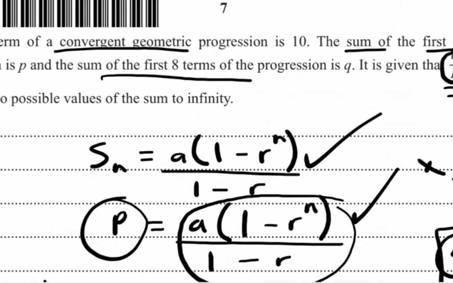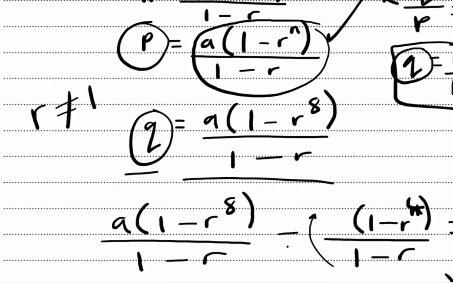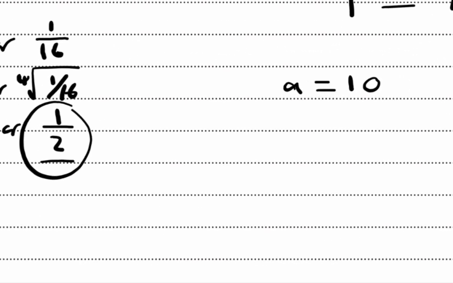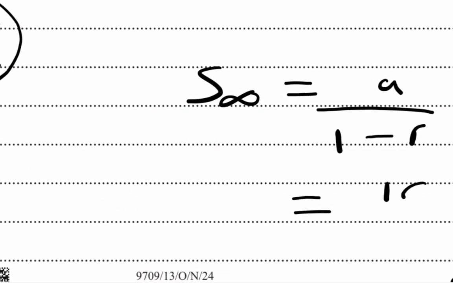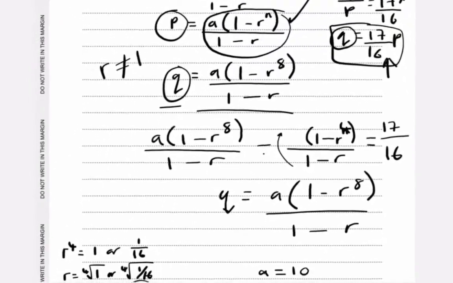Wait. The first term, A, we are already given is 10. So we know A is 10. So that makes it simple. So our sum to infinity is A over 1 minus R. So it's 10 over 1 minus a half, which is 10 over a half, which is 20. Right, for the first one, it's 20.